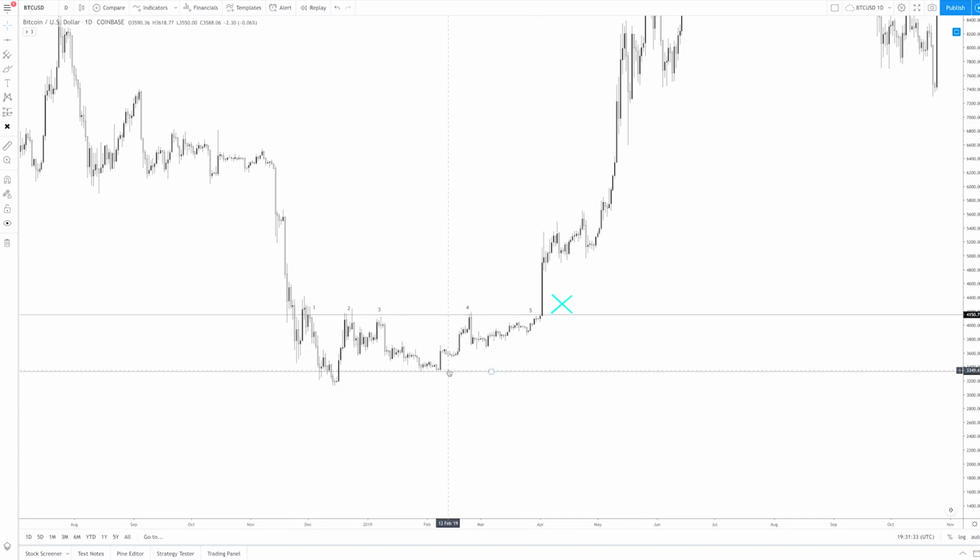The buyers exhibited an uptrend within the range, and this is what we call a breakout.